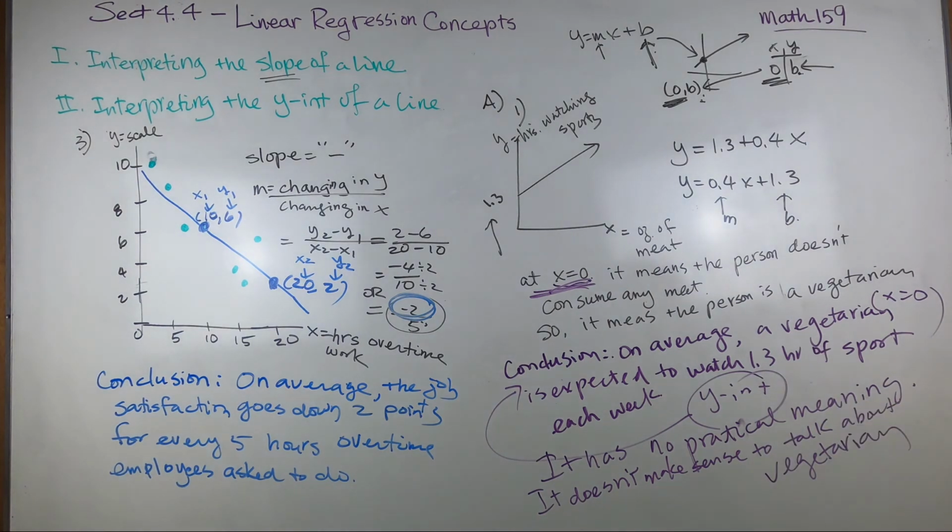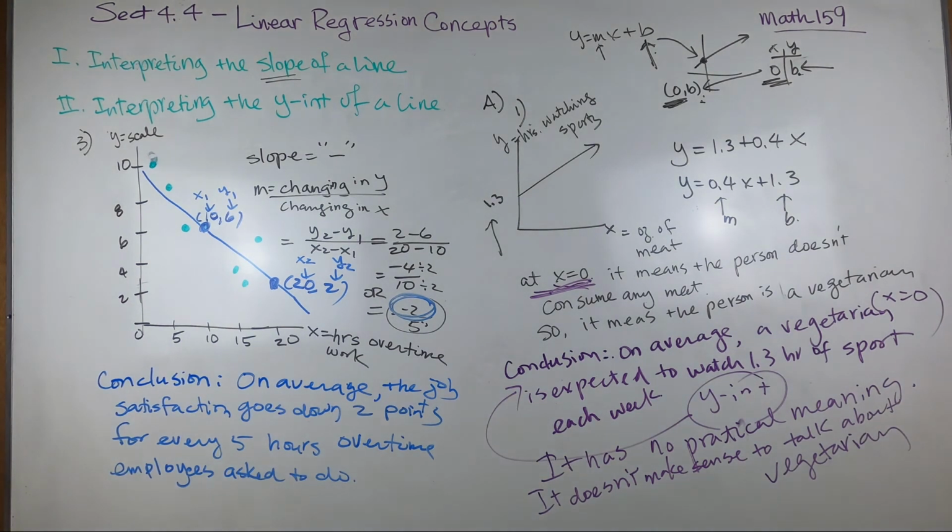We are not talking about vegetarians. But when x equals 0, the person becomes a vegetarian, and we are not talking about how many hours they watch TV for sport, right? So for this case, x equals 0 doesn't mean anything, okay? So the y-intercept doesn't have a practical meaning. That's what it's talking about.